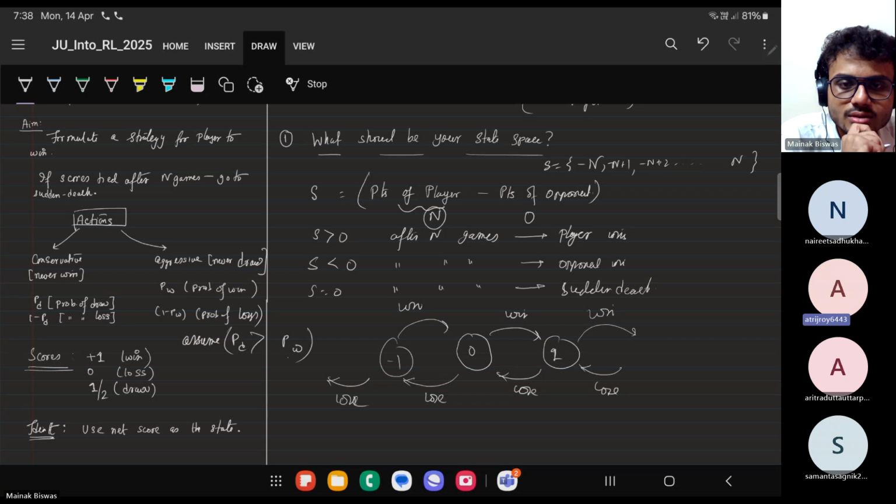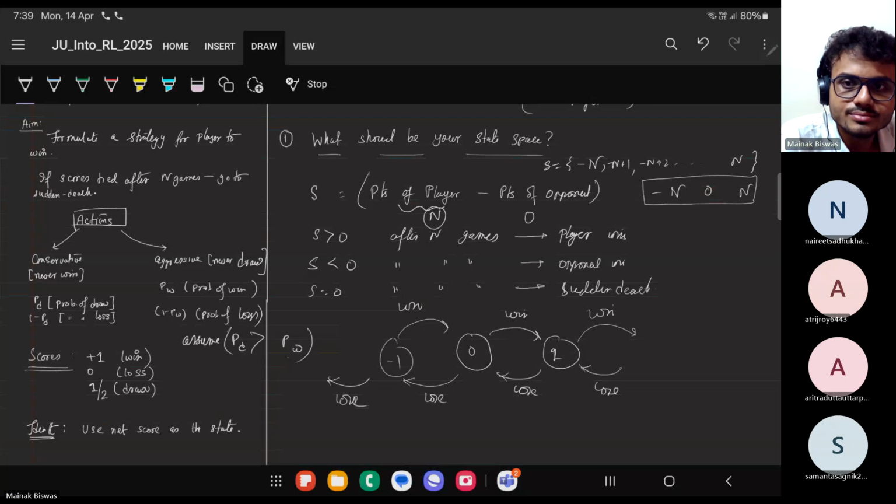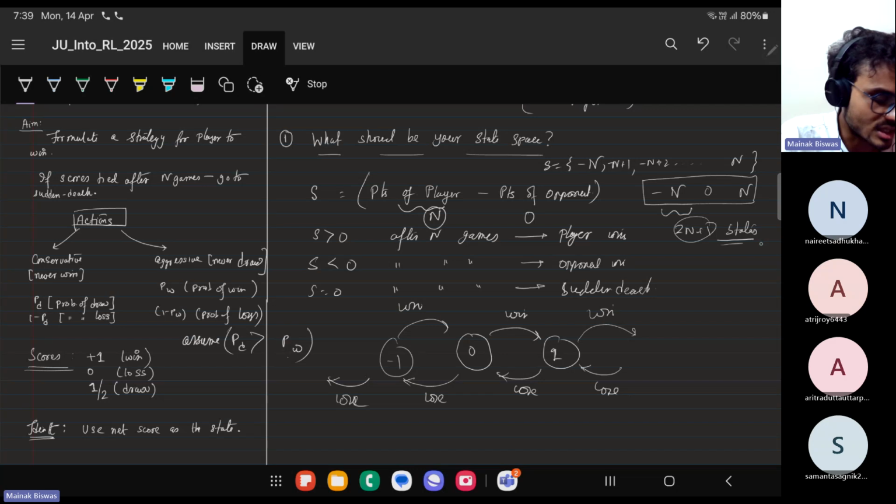I was actually asking about states. How many states are there? You can clearly see, minus n to plus n, all the integers, and 0 also. So you have 2n plus 1 states. The state is defined as the points of player A minus the points of the opponent.